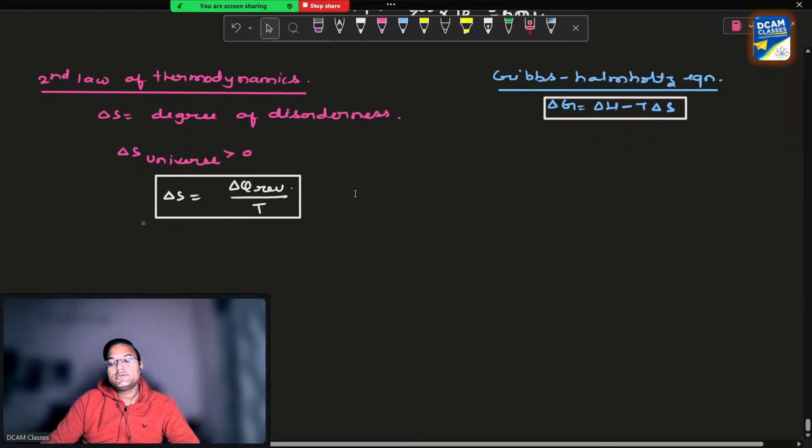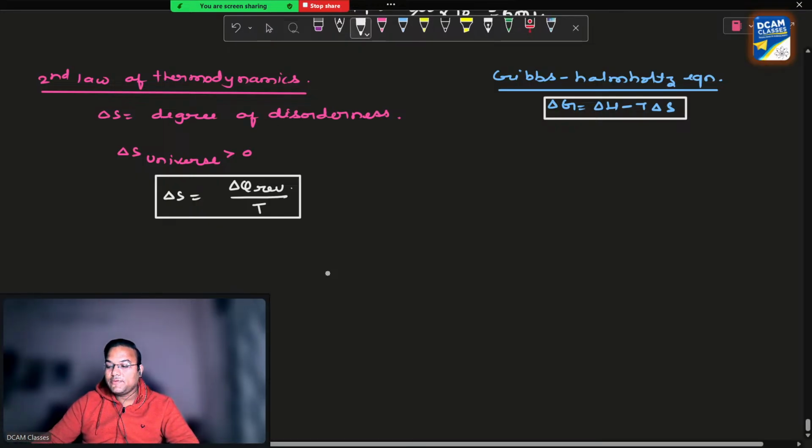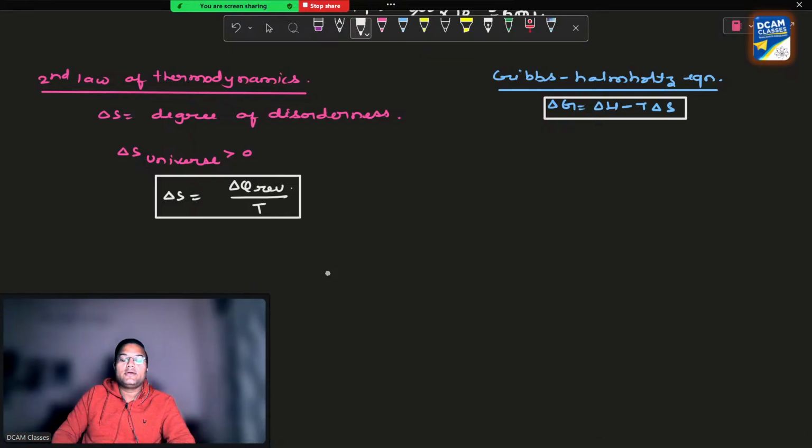The reversible process is so slow that you will not be able to find out the change in the process. Delta S is Q reversible by T. And in each process, you know how to find out the delta Q. Like if I talk about the constant pressure isobaric process or the isothermal process or some other process like adiabatic process, in every process we know how to find out the delta Q. So just put that value of delta Q and then divide by T, the constant temperature, you will be able to find out the entropy.